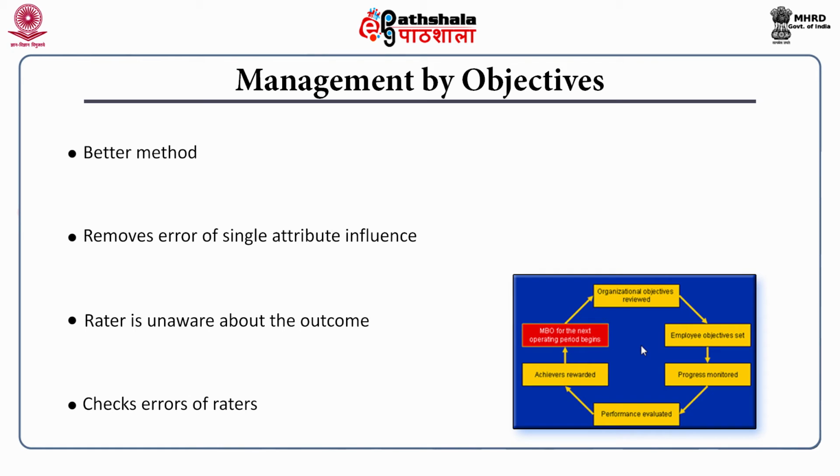It connects organizational and individual performances. As it is a joint effort, both the parties understand each other's point of view, which eventually reduces the number of grievances. It is clearly a performance-based and not trait-based appraisal method.